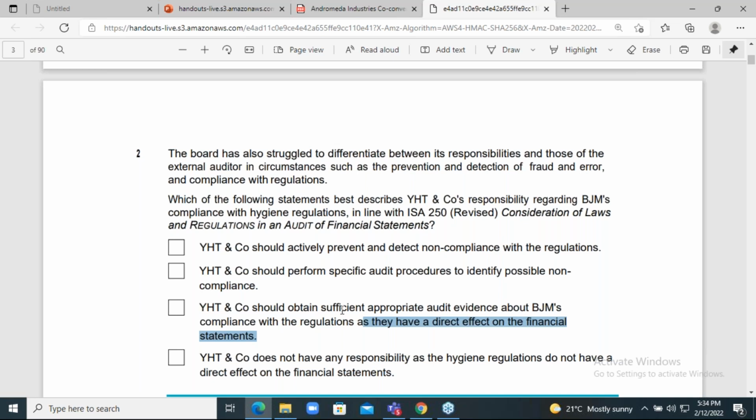Students get impressed with these eye-catching words, sufficient and appropriate evidence about BGM's compliance with regulation. Okay, this is correct. Now he is going to click on the option that C is correct. But stop. Look, always read all the option. In the end, you can see it is written that they have a direct impact. So please beware of it, consider it, and you can see that they don't have a direct impact.